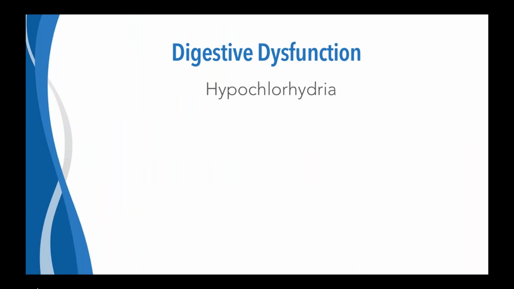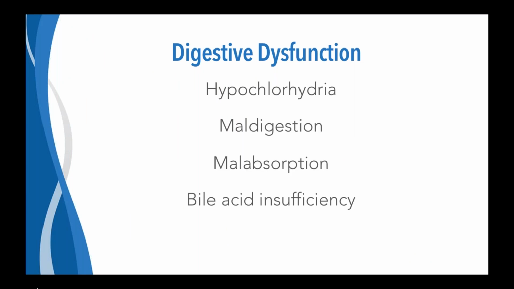Typically digestive dysfunction involves hypochlorhydria many times, as well as maldigestion, malabsorption, sometimes bile acid insufficiency, and then also dysbiosis. It turns out that dysbiosis or imbalances in the microbiome can be both potentially a cause as well as a consequence of digestive dysfunction. We are going to be focusing on that quite a bit in this webinar.